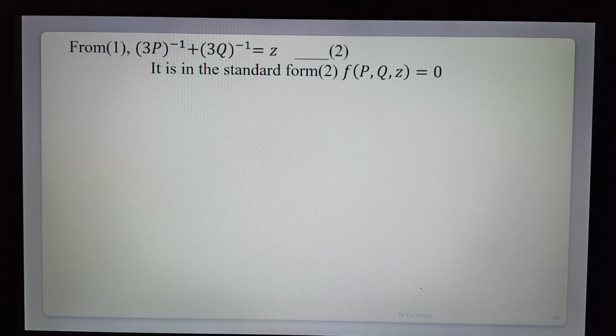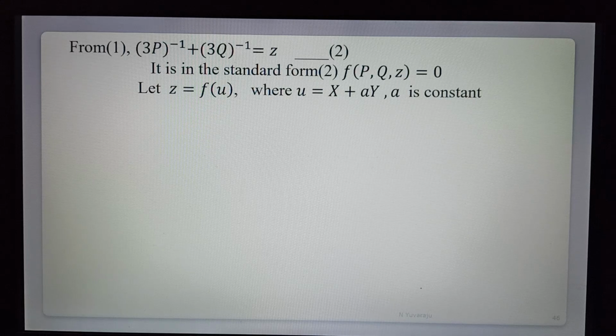So what is the solution of standard form 2? Now substituting z is equal to f of u as the tentative solution. Let z is equal to f of u, where u is equal to capital X plus a into capital Y, because here we have capital P and capital Q, where a is a constant.